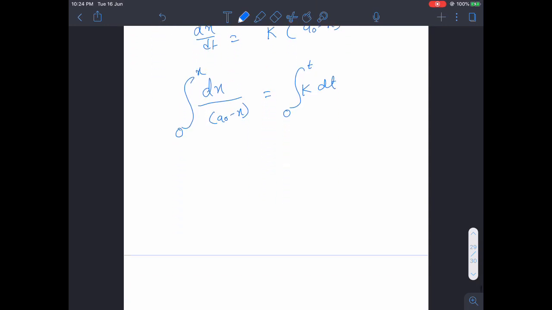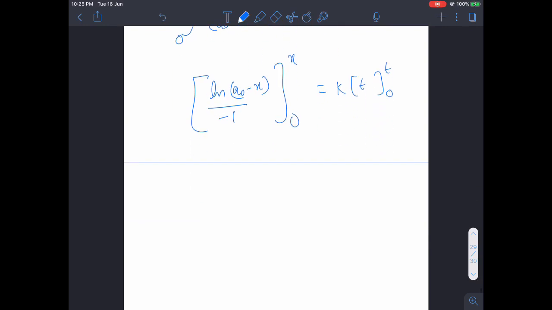Now, what is the integral of dx upon A0 minus x? If you know that, it will be simply ln of A0 minus x divided by the coefficient of x, which is minus 1. So, integral from 0 to x, that is equal to K dt. If you integrate that, that will become t, from 0 to t.